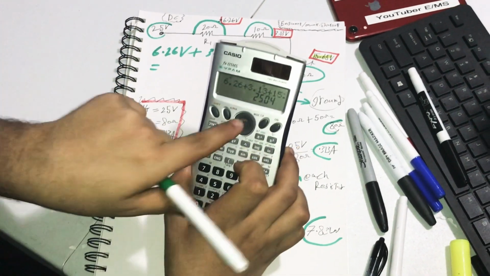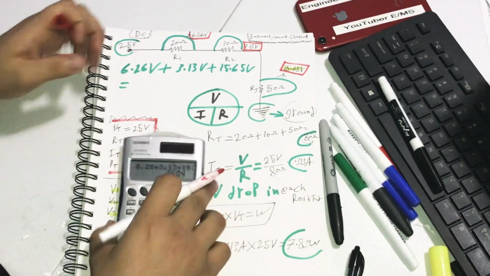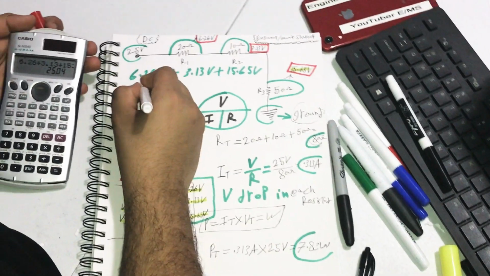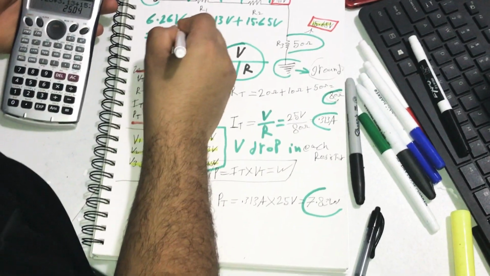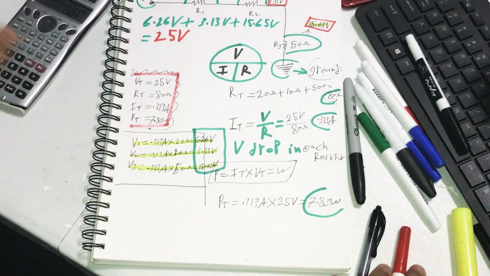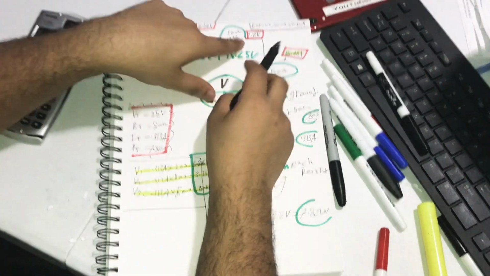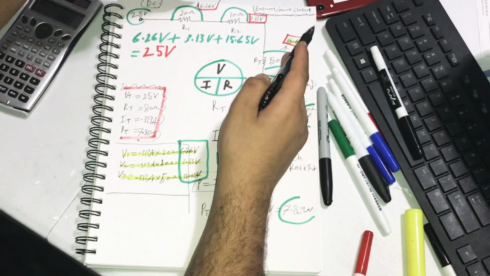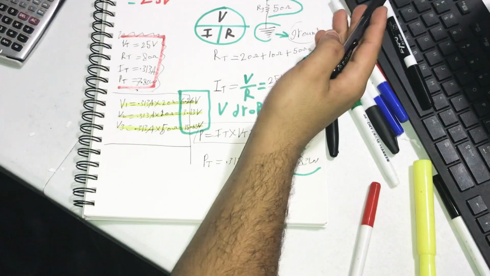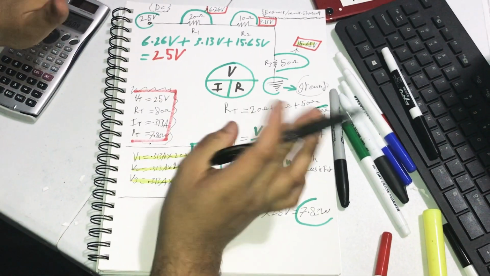So right here, 25 volts. So equals 25 volts. So we add up the voltage drop in each resistance, and if you add them up, you will get the total volts right here. Alright, that's all you will find.